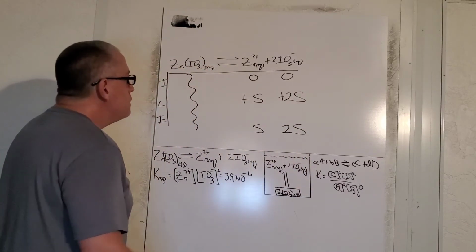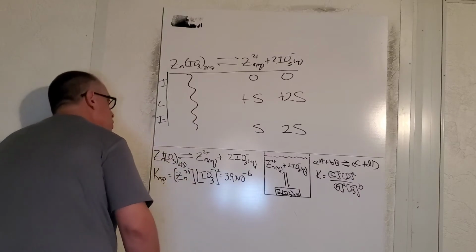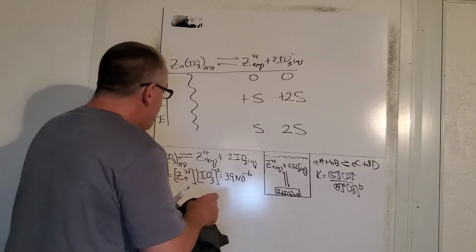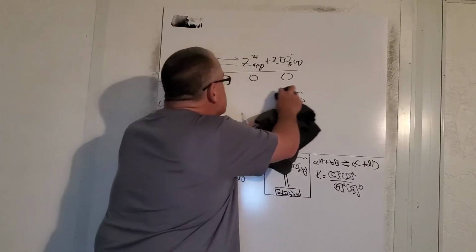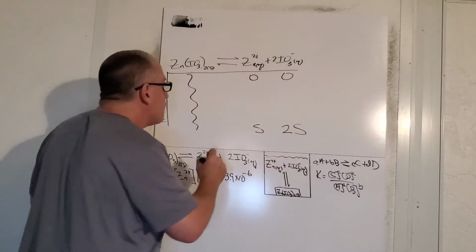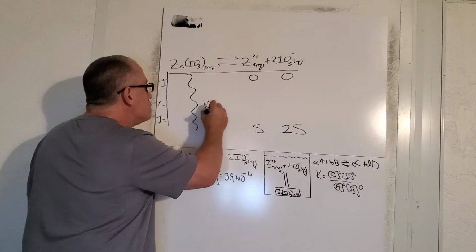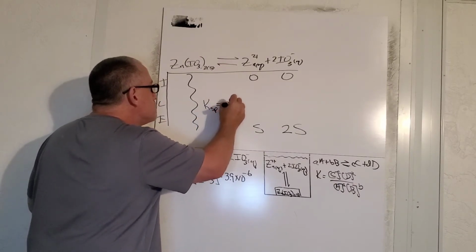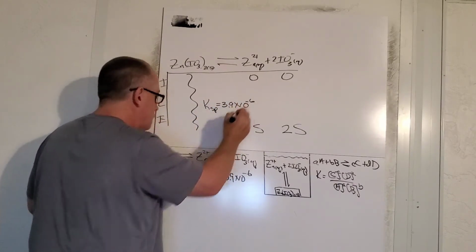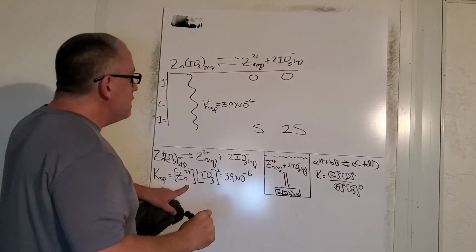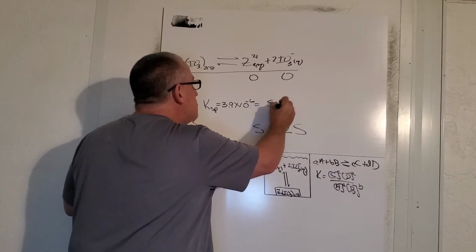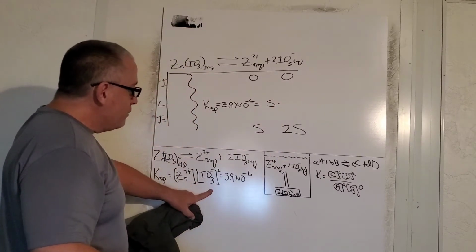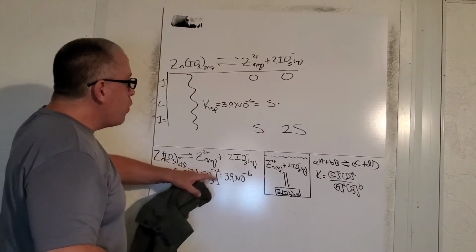Now I'm going to erase some stuff because I need some room. But I'm going to end up with Ksp equals 3.9 times 10 to the minus 6. That's going to be equal to the zinc concentration at equilibrium, which is S, times the iodate concentration squared.